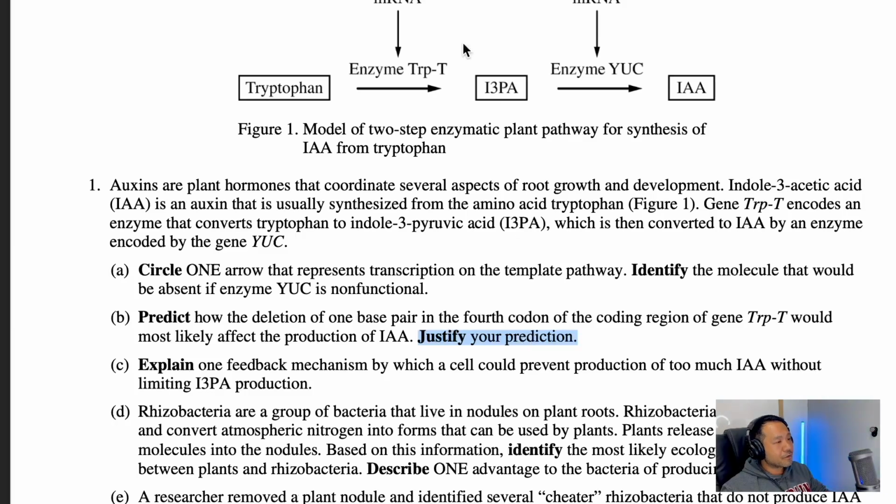And of course, if the enzyme TRPT is broken, then we're going to have a reduction in I3PA. And if I3PA as a reactant to the next step is unavailable, then that's going to severely affect IAA production. And that is the idea behind it.